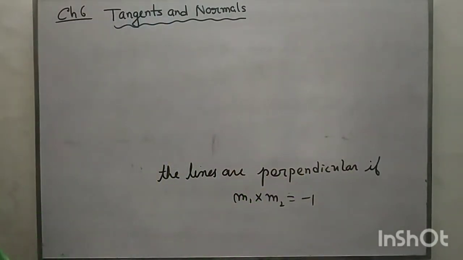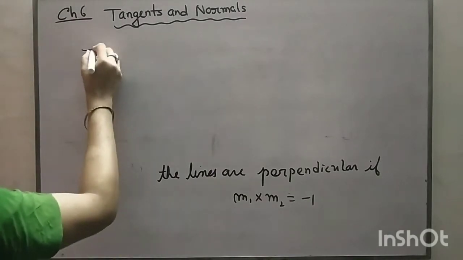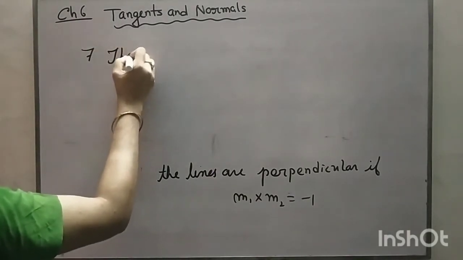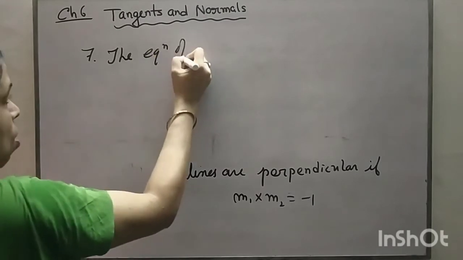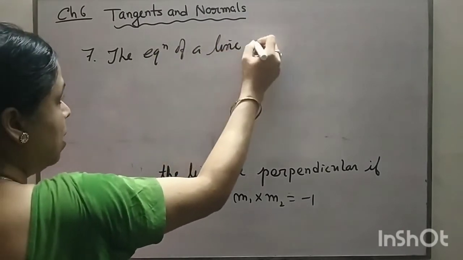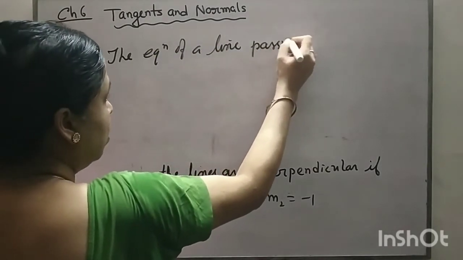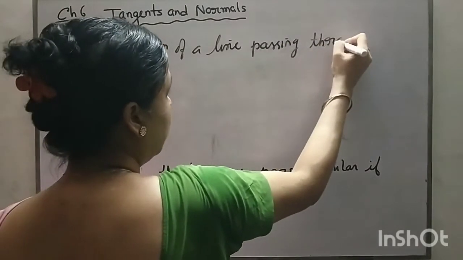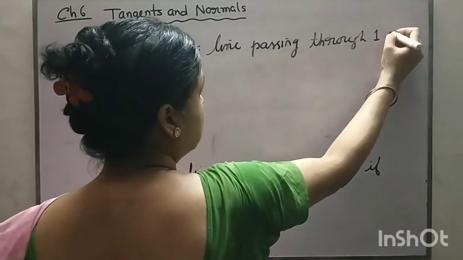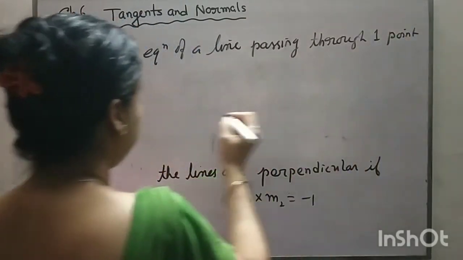That is a simple result. That is, what is the equation of a line passing through one point, say x1, y1?